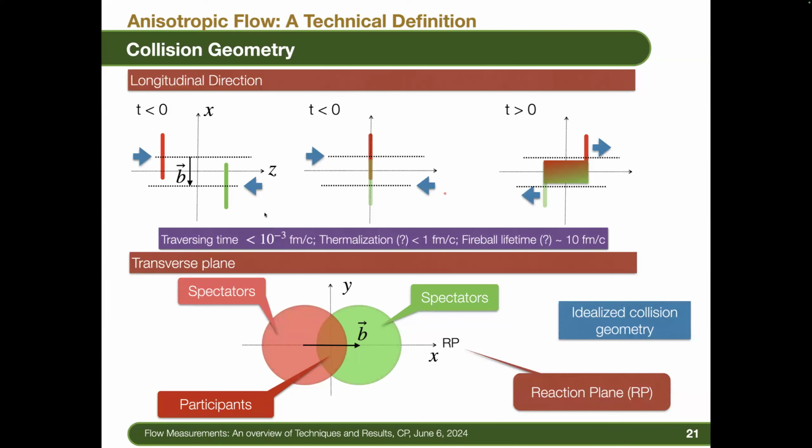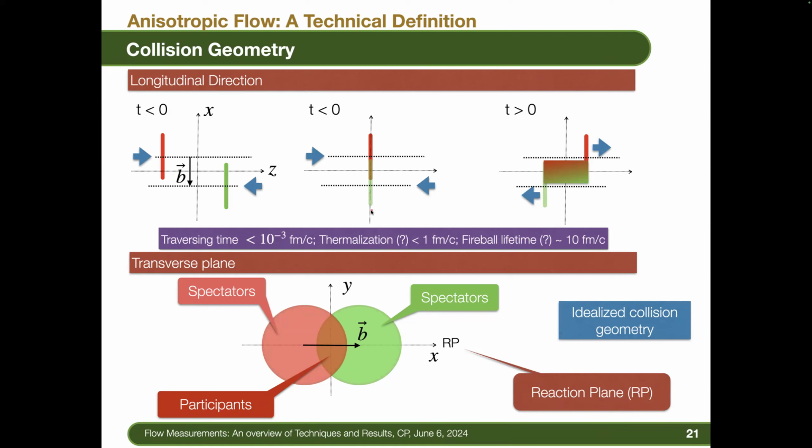It's good to point out that the crossing time, or the traversing time, here is very short, because the gamma factor for the contraction of these pancakes is larger than 1,000, 10,000 actually. And so the crossing time is very, very short. The redistribution, or if you will, thermalization of the energy released in the collision is believed to thermalize or equilibrate very, very quickly.